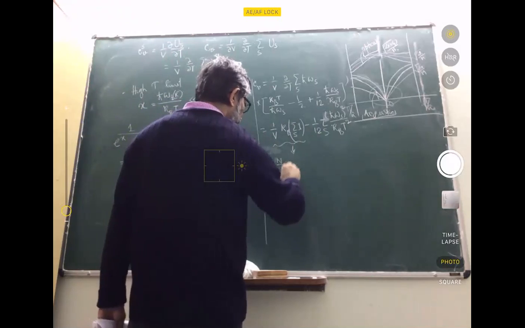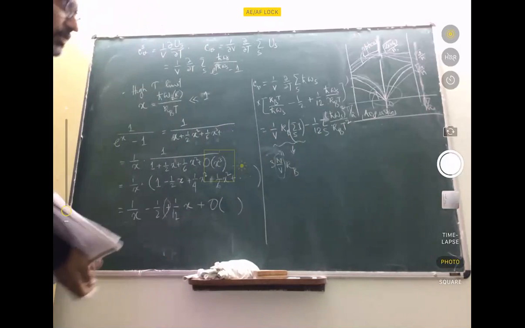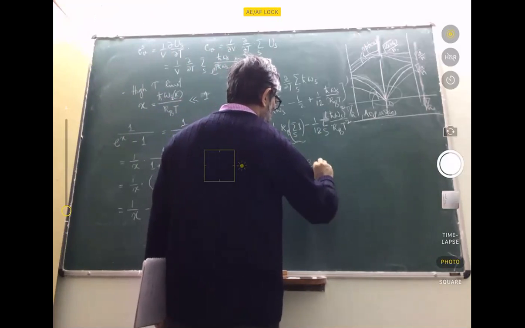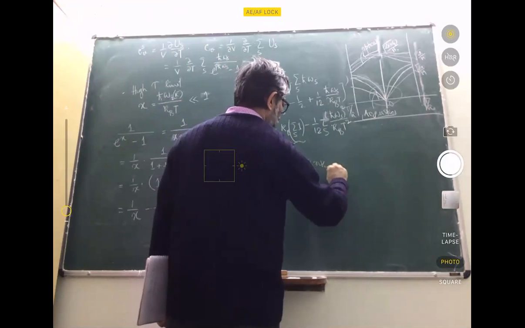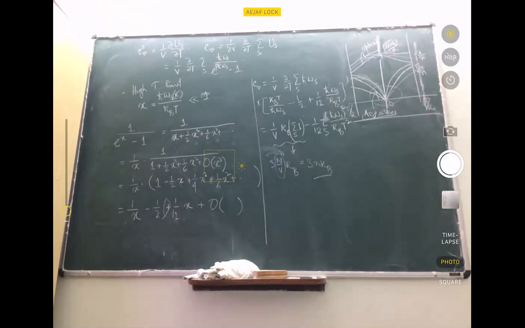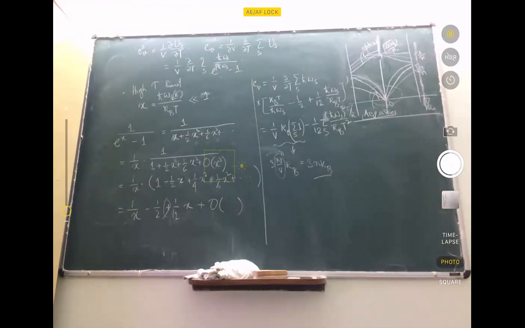Now this n over v is simply the density of atoms. So that is 3n kB. Now this is exactly the classical contribution we had got when we did purely classical treatment of lattice vibrations and the corresponding specific heat.